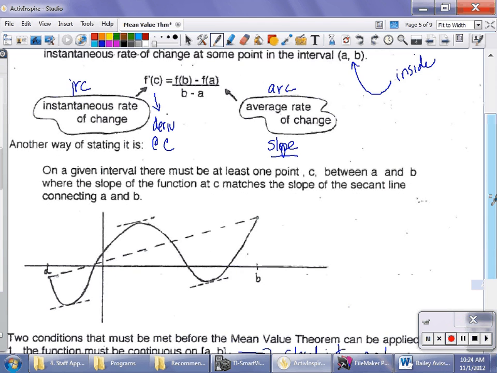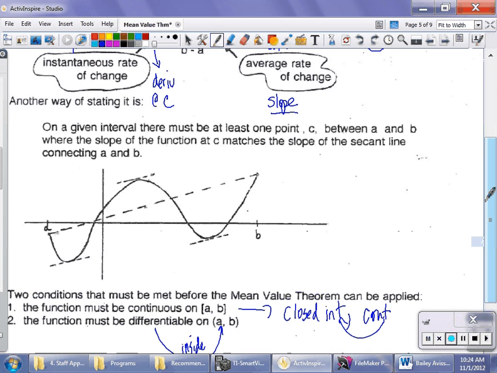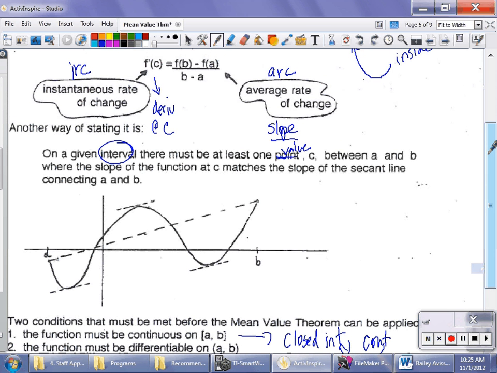Another way of stating this is, on a given interval, assuming that the interval meets the conditions, there must be at least one point c, or really one value c, between a and b, where the slope of the function at c matches the slope of the secant line connecting a and b. You may be going, whoa, where's that all coming from? Well, remember, derivative is the slope of the tangent line.